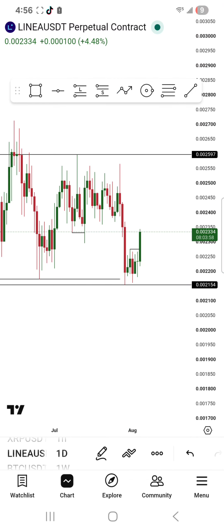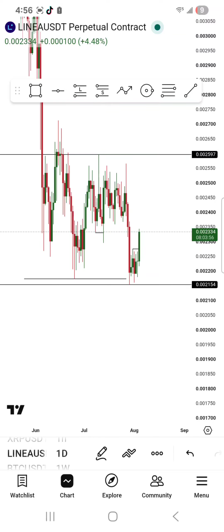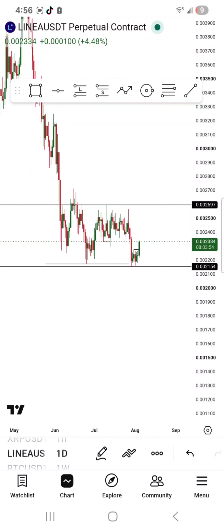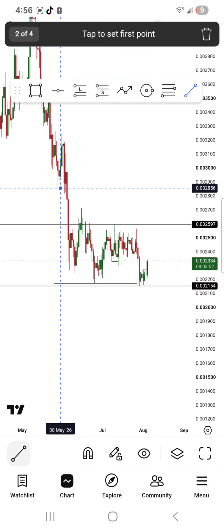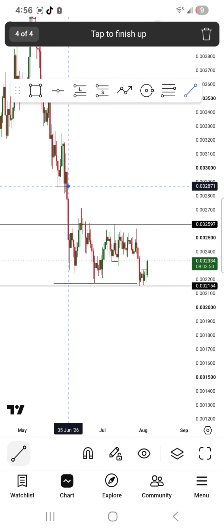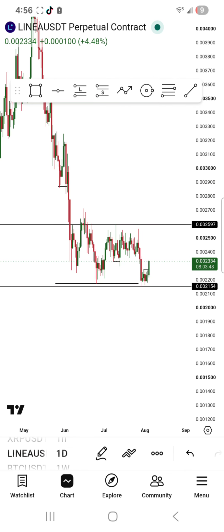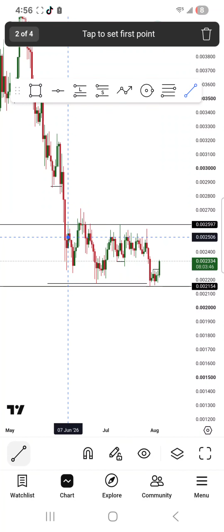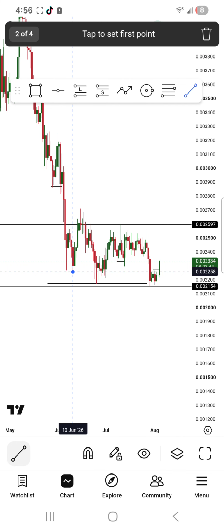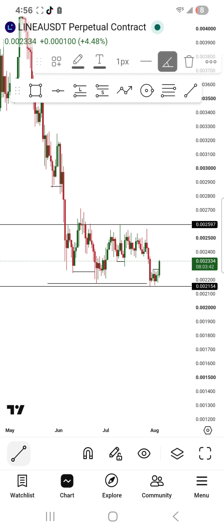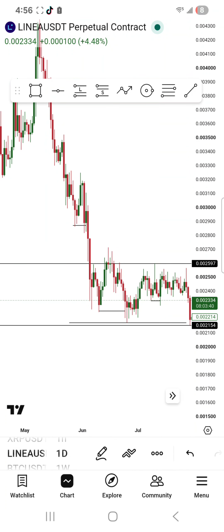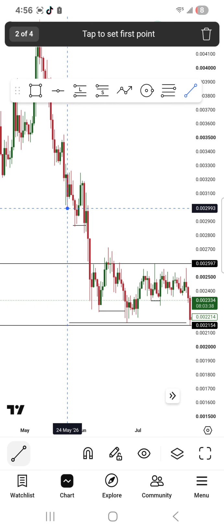So we have sell. This is another one here. This is the trend of the market. We have this sell, we have this buy, we have this sell, and then we have this sell.